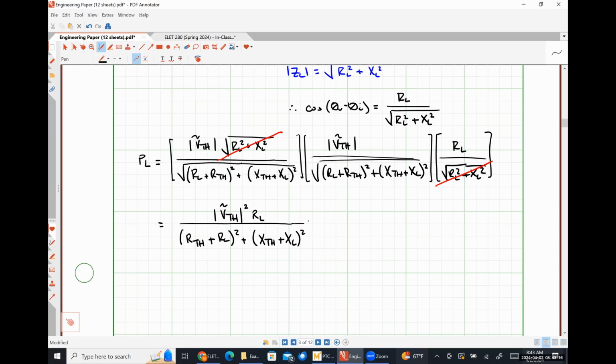So we did a whole bunch of work to figure out that this is the thing we are trying to maximize. I'm going to ask you guys an odd question: what does our reactance do in terms of our average power here?